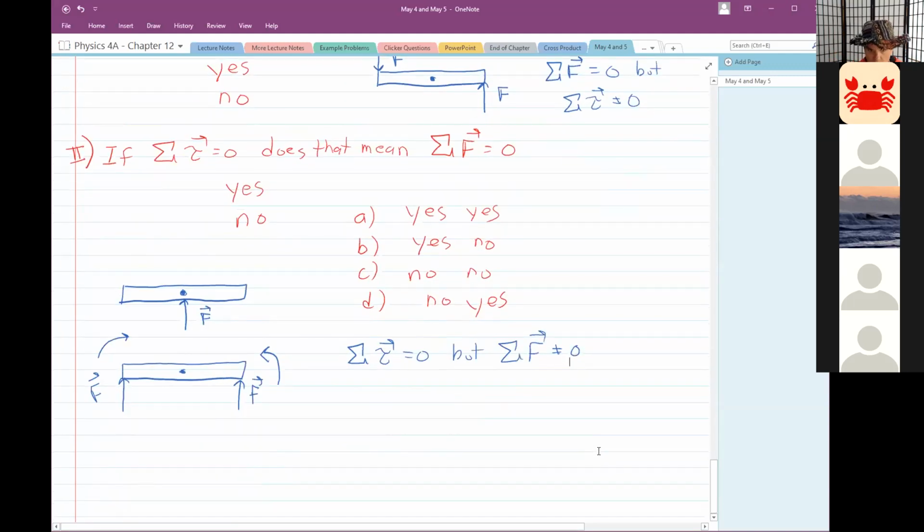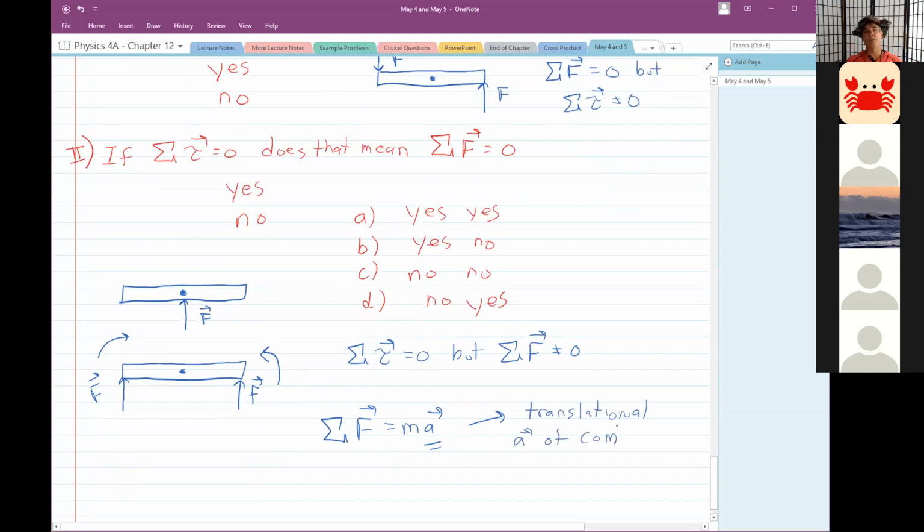And just while we're on here, if I'm looking at Newton's laws, the sum of the forces equals ma. If I have a system where the sum of the forces is not 0, it will accelerate. And this A is really my translational acceleration of the center of mass.